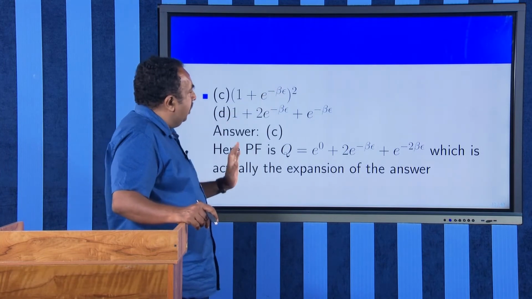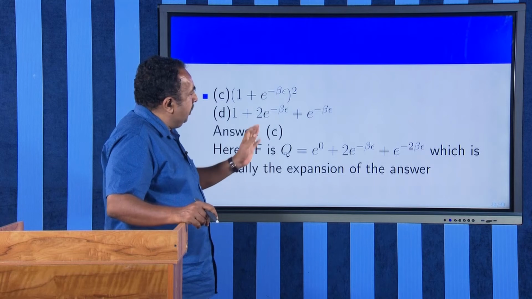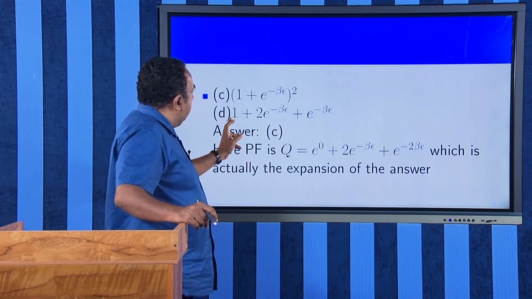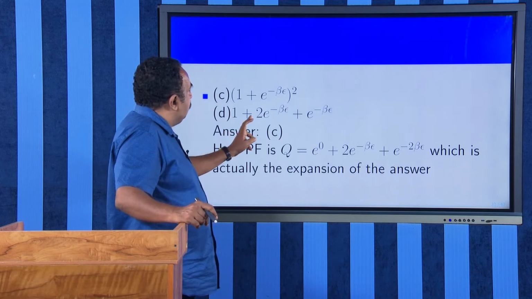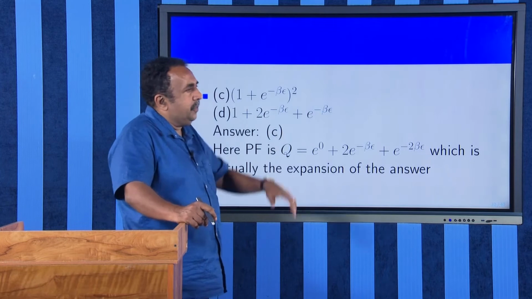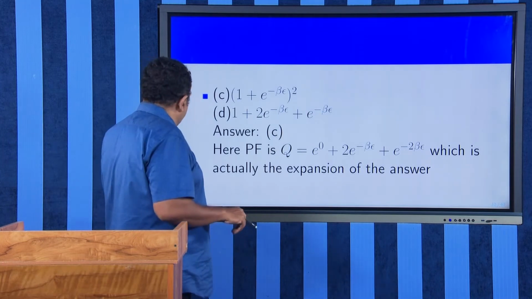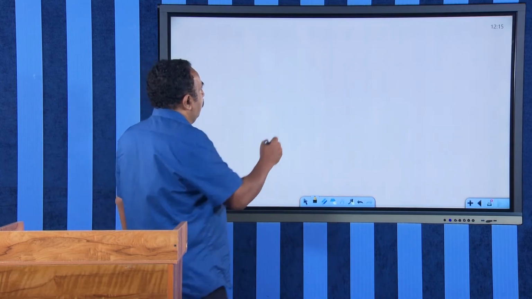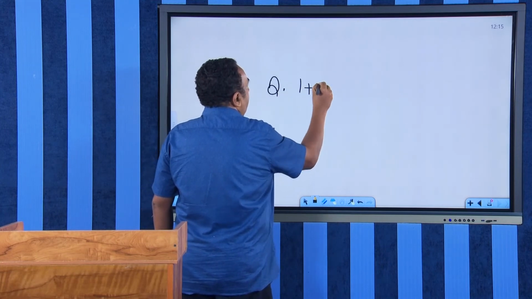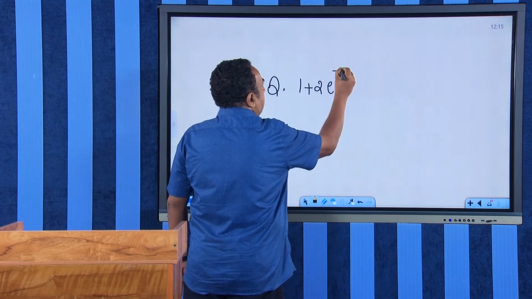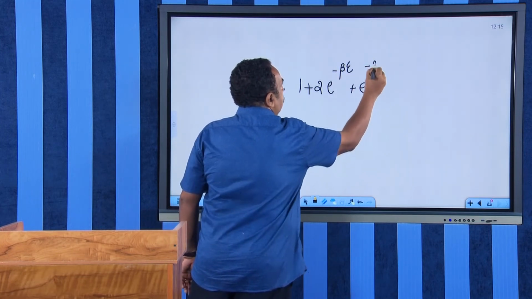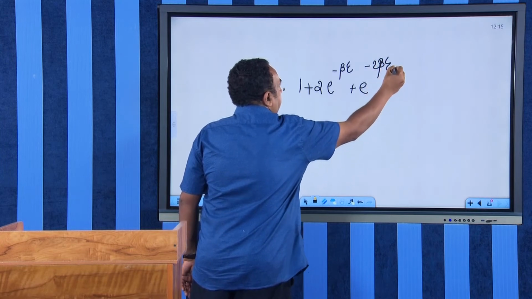The answer, 1 plus 2 e raised to minus beta epsilon plus e raised to minus 2 beta epsilon, is not directly given. Therefore, what you have is Q equal to 1 plus 2 e raised to minus beta epsilon plus e raised to minus 2 beta epsilon.